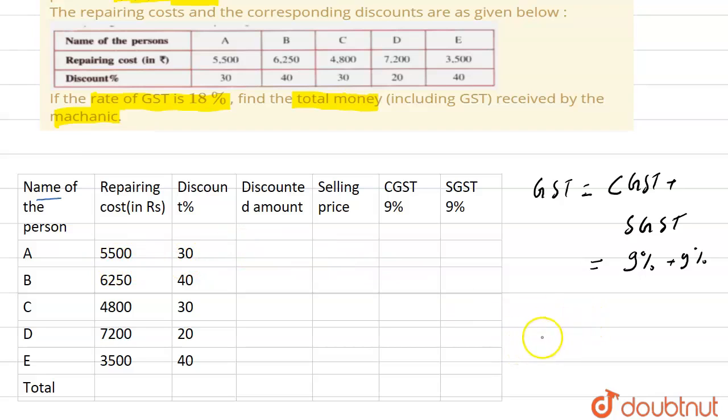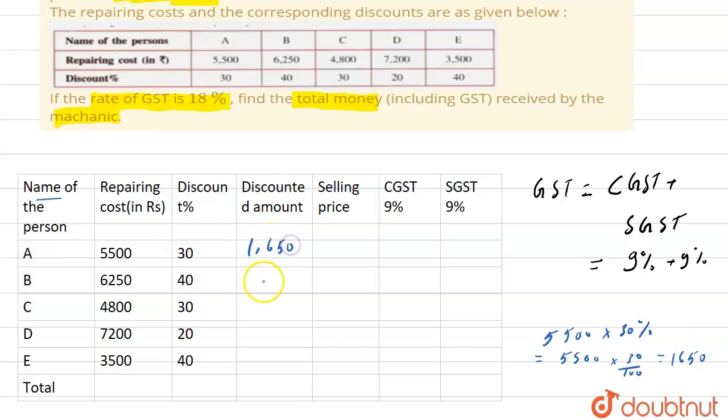So we calculate this way. 5,500 into 30 upon 100, which will give us 1,650.